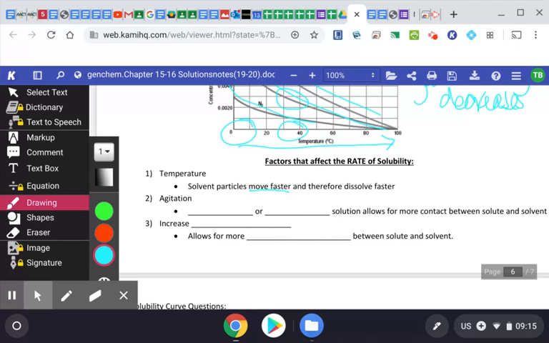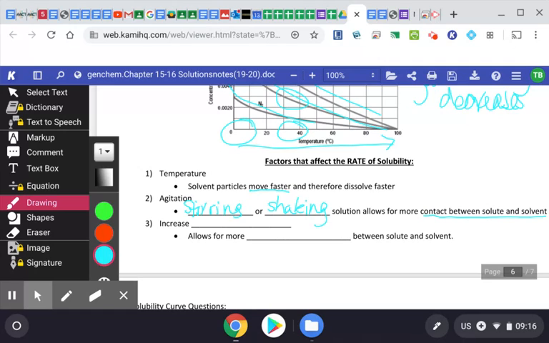Now, agitation is like if you're stirring or shaking a solution. When you add sugar to your iced tea, you stir it. You do that to get the molecular motion of the particles moving faster, and that allows for more contact between your solute and solvent particles and allows that solution to dissolve even faster.